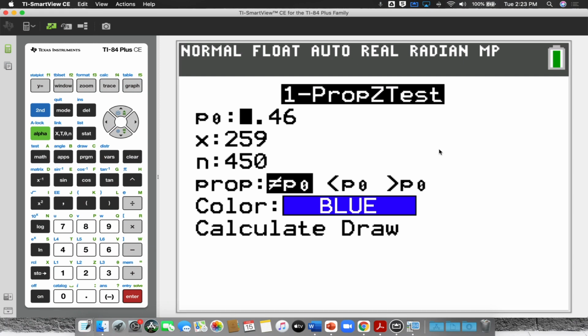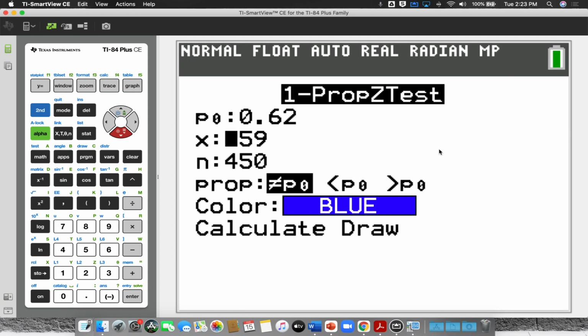P sub 0 is their claim. Just like H sub 0 was the claim, P sub 0 is the claim. Their claim was 0.62, sorry. There you go. Now, where do I put in P hat?